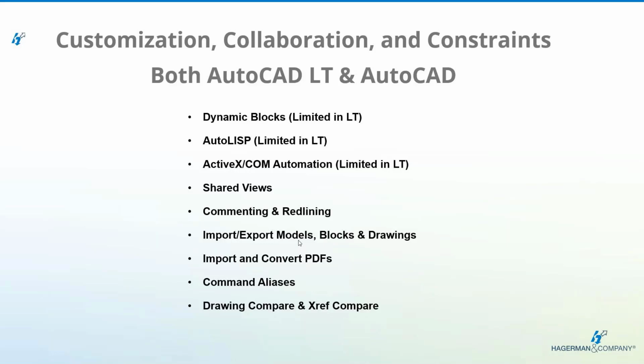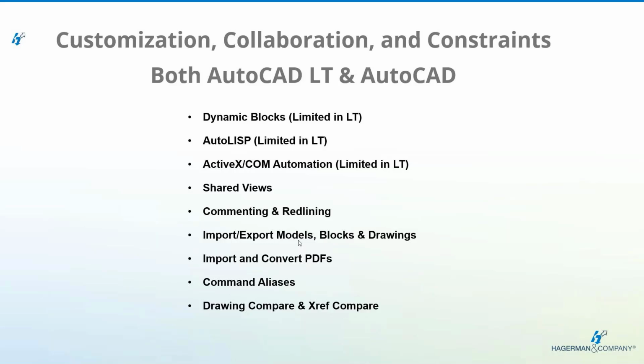You have command aliases. Now, I call it the pigpen file. In AutoCAD, it's the acad.pgp. In LT, it's called acadlt.pgp. I wish they would have left it the same name, but you can copy one to the other.